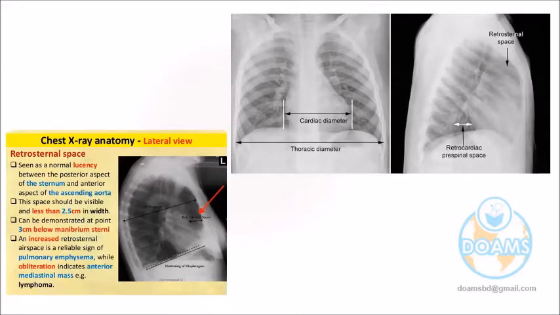Now come to the details of the X-ray. Chest X-ray anatomy in the lateral view. I already discussed this before. You just make a snapshot, doctor. I will not tell more because you will be given more information as a link later. Just look at the cardiac diameter. There are other ways also, the maximum point, but for general practical purposes, this point, and the chest diameter from this point, and then the ratio.